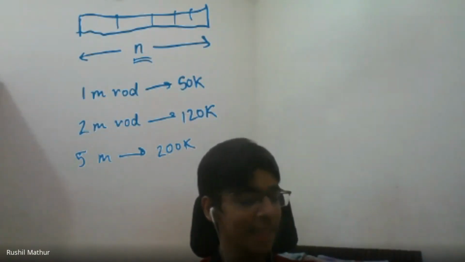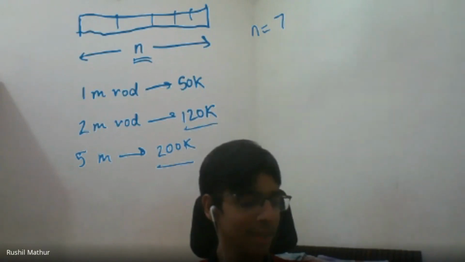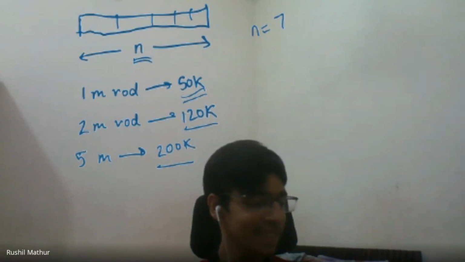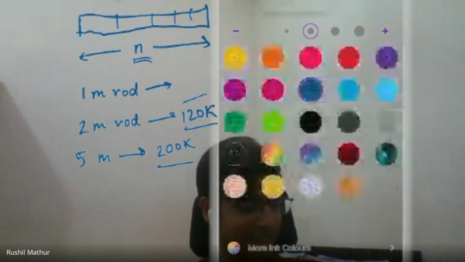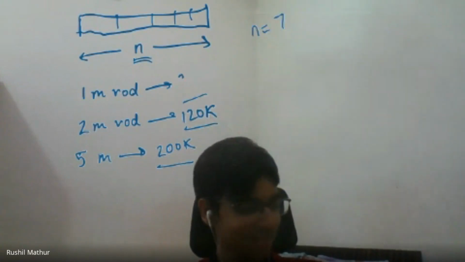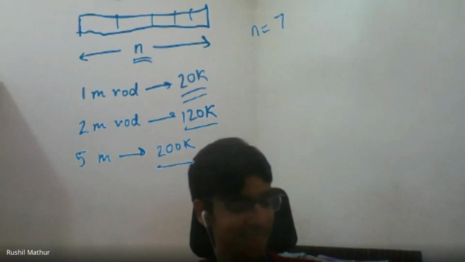Especially if you have n equal to 7. Here you could maybe choose this one and this one, or you could choose 7 of this one. I think 7 of this one just works here. Maybe I should change the values a bit. Oh, sorry. This is 20K, let's say.